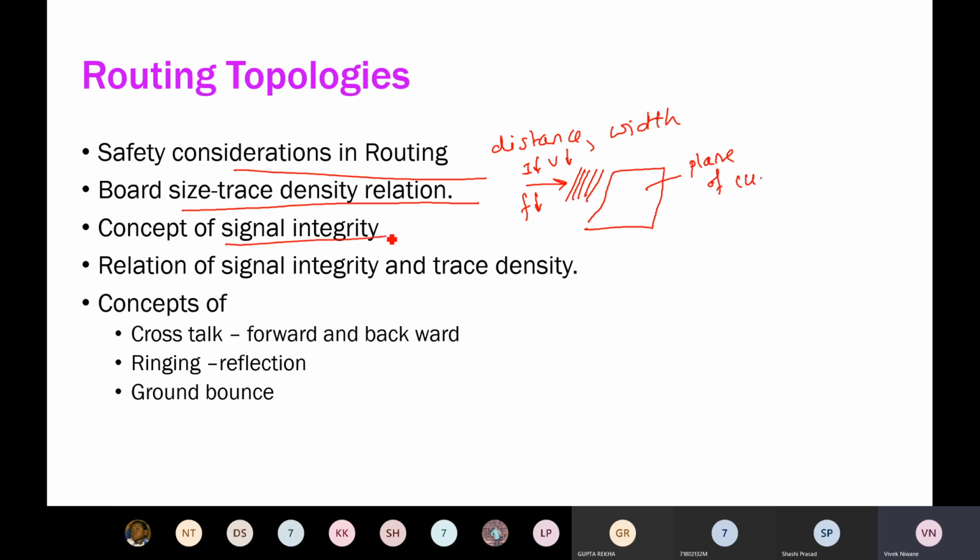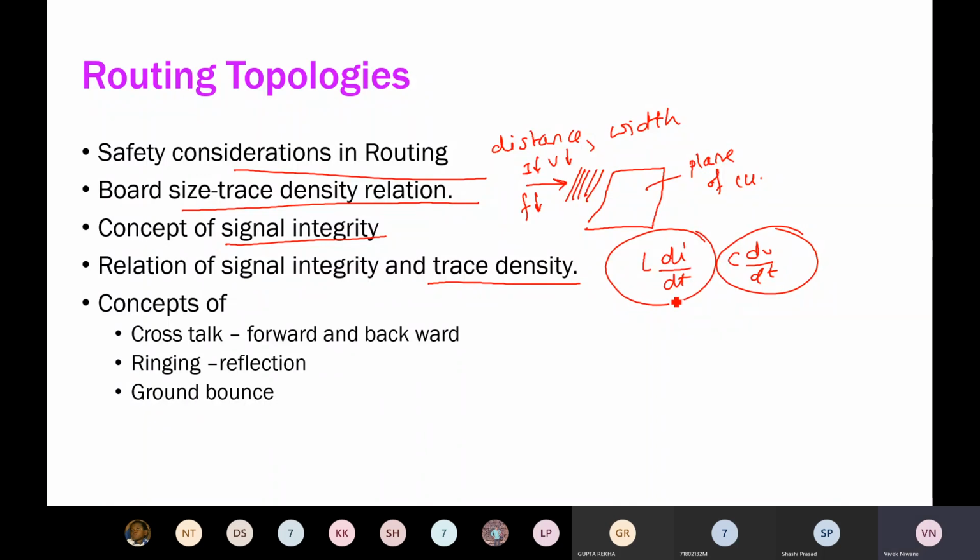Okay. Concept of signal integrity. Whenever we talk about signal integrity, it is also associated with the track density, and it is nothing but L di by dt and C dV by dt. What is the rate of change of voltage and what is the rate of change of current in the tracks.